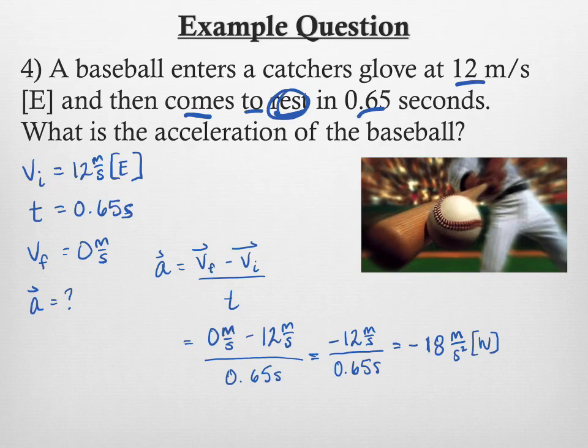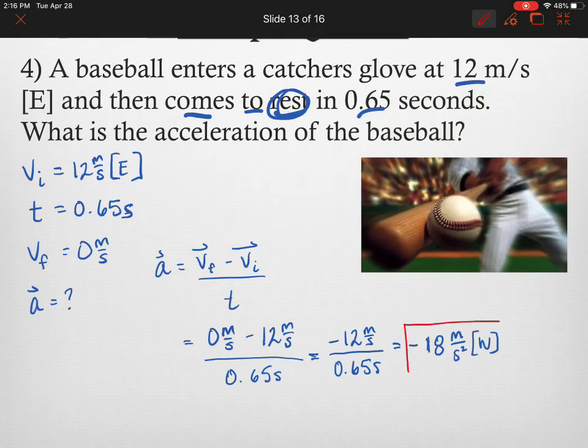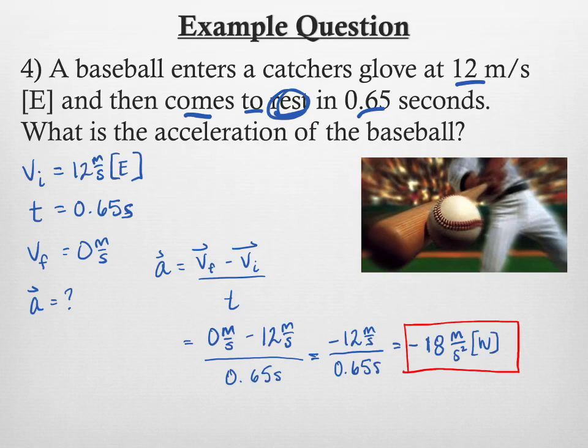And if you think about that, the baseball's slowing down. So if we know it's slowing down, its initial velocity was east or to the right, and it's slowing down, therefore its acceleration has to be opposite to that. So it obviously has to be to the west. Okay, and so there you go. There's an example where we have those opposite velocities versus accelerations, and of course that means that something's slowing down.